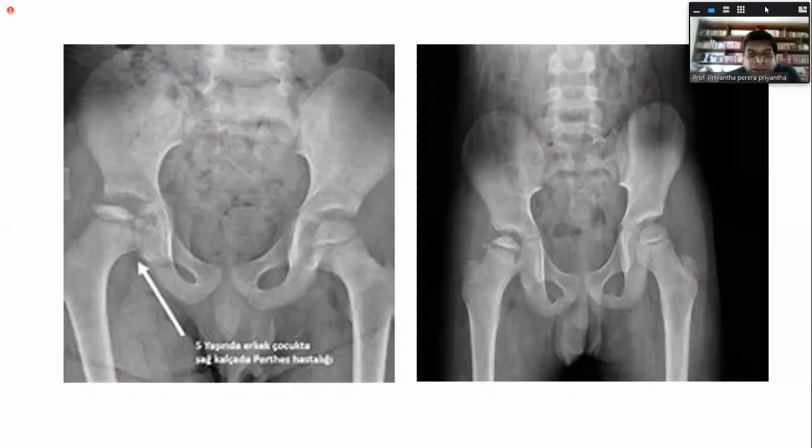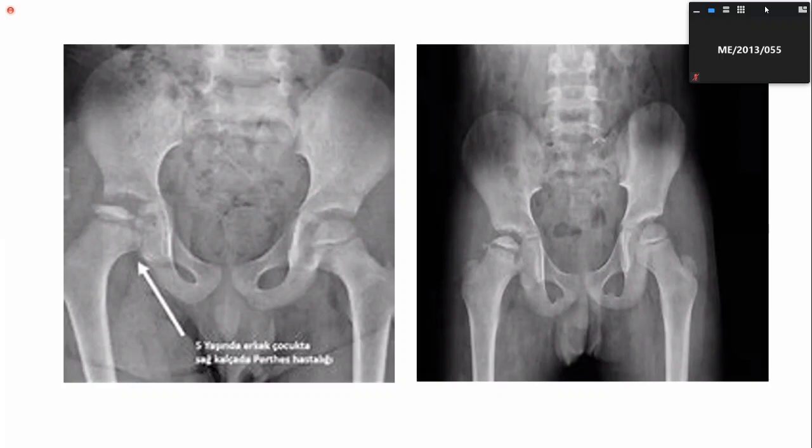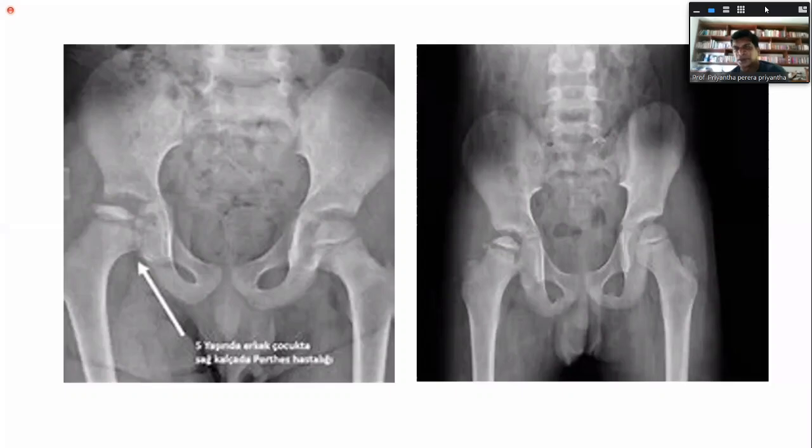Yes, avascular necrosis of the upper femoral epiphysis. How does it happen? Interrupted blood supply. Why is that particular age group vulnerable to it? Why is it more common around 4 to 10 years of age?